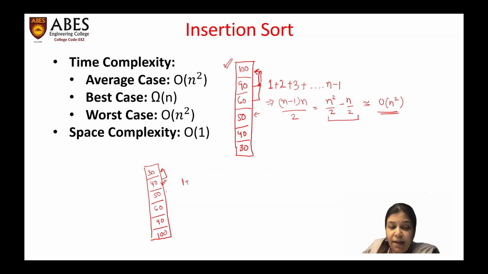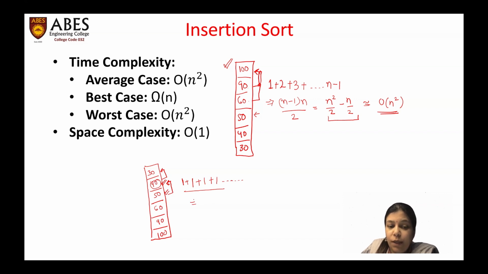When we select the next key, that is 50, it will only be required to compare it with one previous element, because this 40 is less than 50 and the while loop will break and we will come out of it. So there will be only one comparison. In a similar way, for all the n minus 1 key values, we will only have to do one comparison.